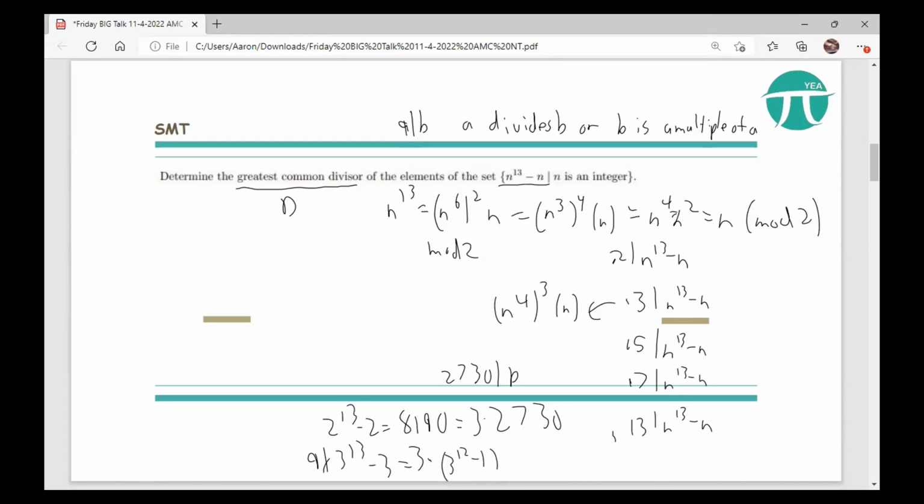This has a 3, and this also is divisible by 3. That means that one of these 3's is not in the GCD. And so that means that 2,730 is the maximum possible value of the GCD. And we also already know that 2,730 divides the GCD. So our answer is just 2,730.